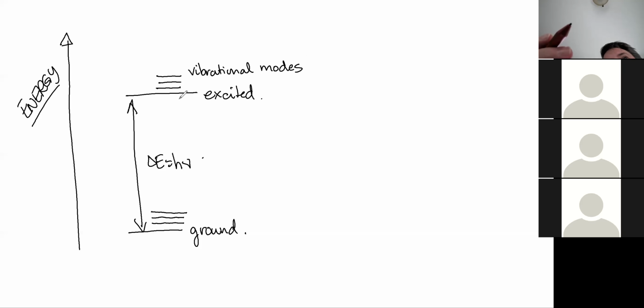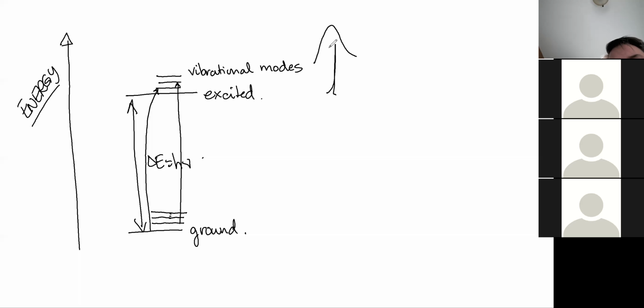I think you probably do this in phys chem at some stage. So you can get a transition from the ground state to there, or one of these vibrational modes to here. And because these get smaller and smaller when you've got the rotational and translational stuff, instead of having a sharp peak, you end up getting broad peaks, because the energy isn't one defined packet.